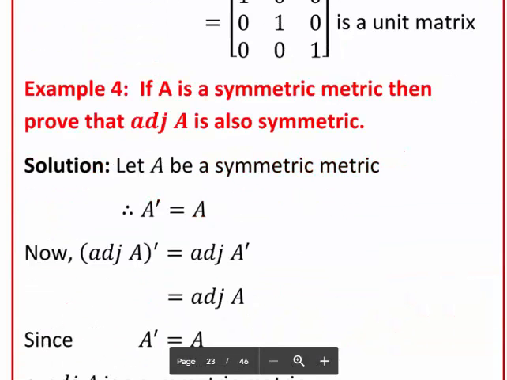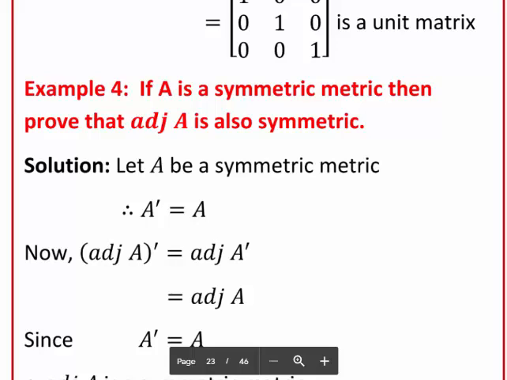example 4. In the previous lecture we already discussed what is a symmetric matrix. A symmetric matrix is nothing but a matrix which satisfies the condition A equal to A transpose. Means A transpose and A have the same values, both are the same. We also talked about skew symmetric matrix.